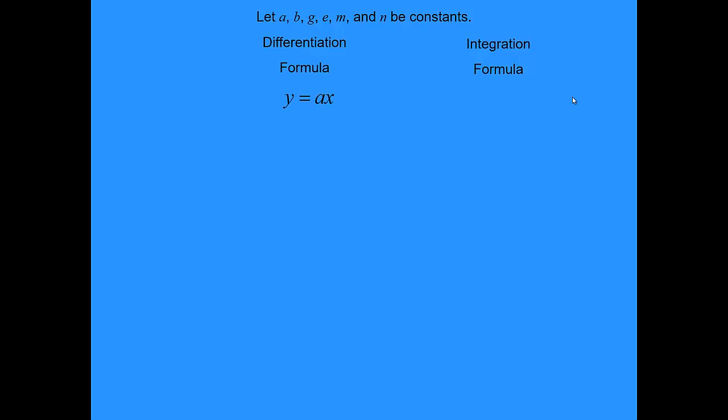So let's start out with a function y equals a x. Well, we know that the derivative of y with respect to x, the derivative of ax with respect to x, would just be a.